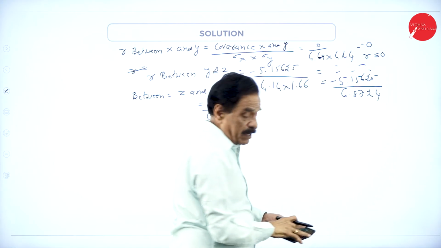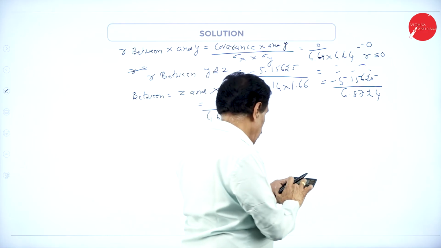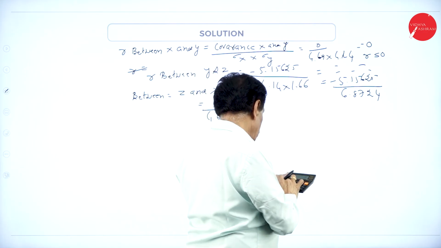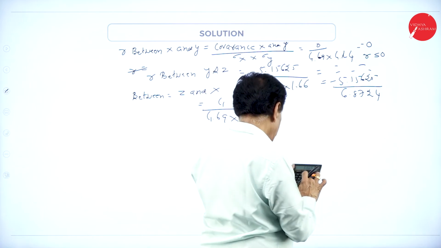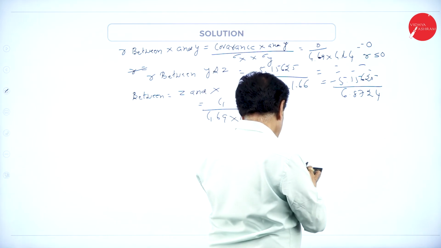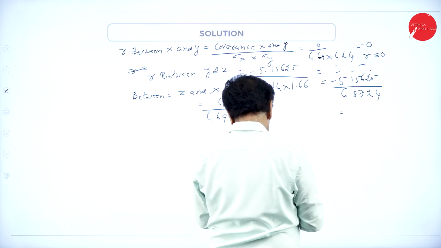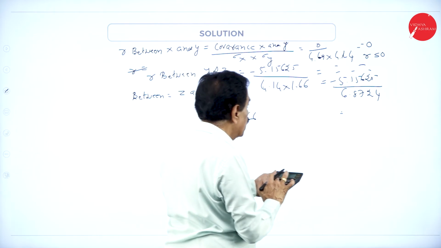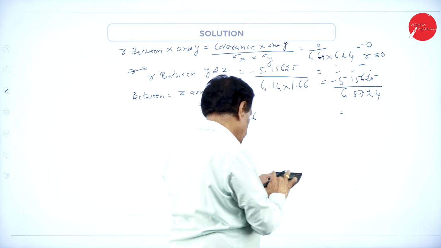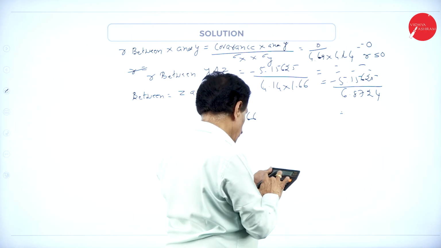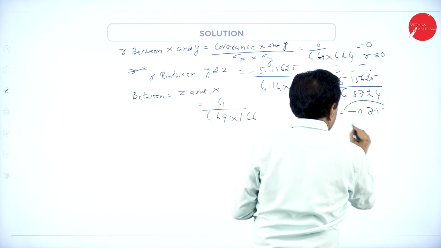6.8724. Divide. This is 5.15625 divided by 6.8724 minus, repeat, 5.15625 divided by 6.8724 minus 0.75.